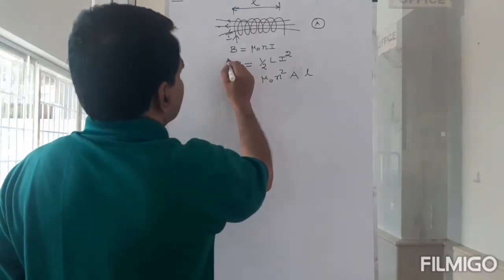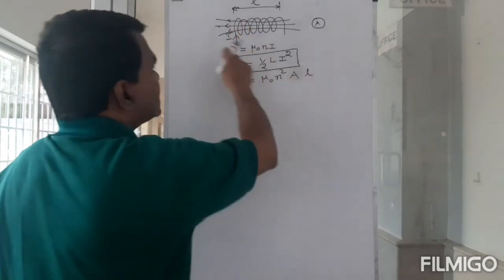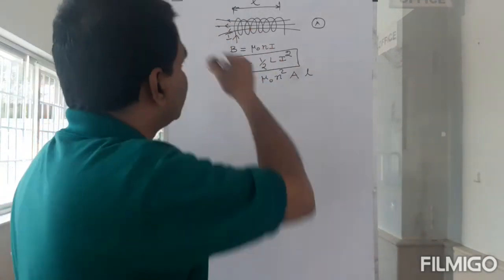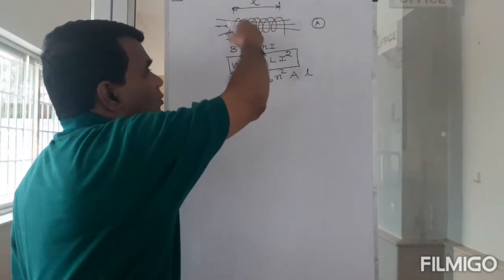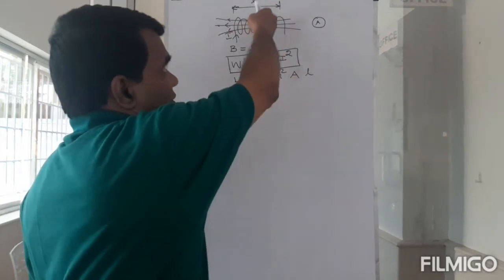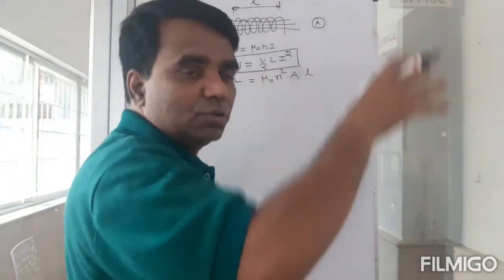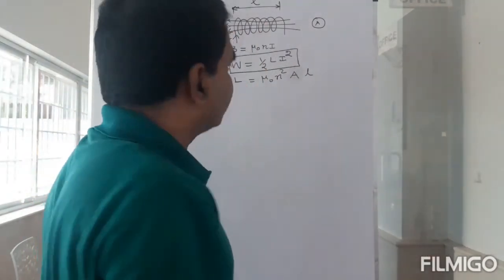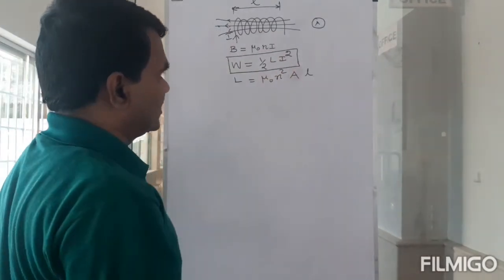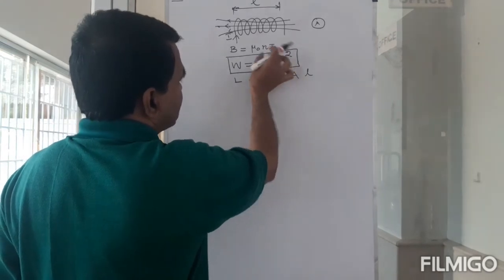And the work done, or the energy stored in it, because you need to do work to raise the current from 0 to value I. As you increase the current, the coil is opposing that change, so you are going to do work against it to put more and more current. So that is given by this expression. We just discussed that.